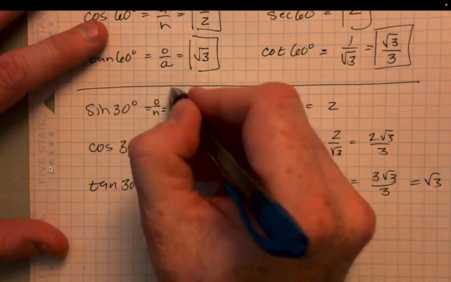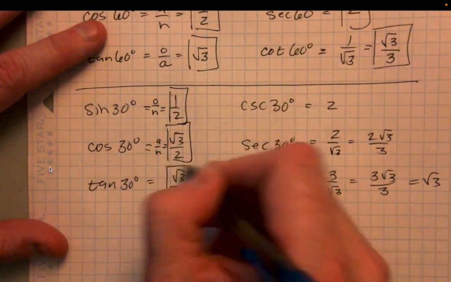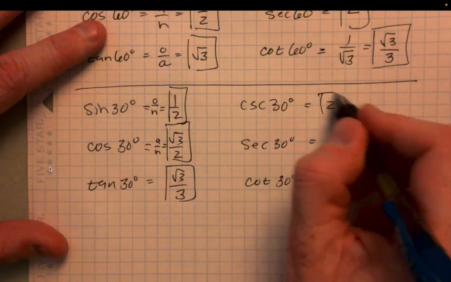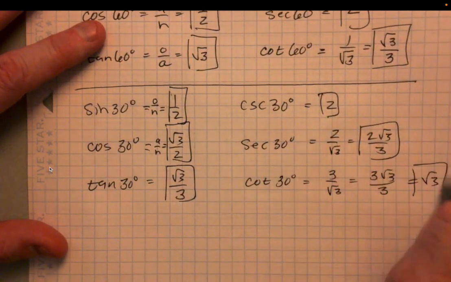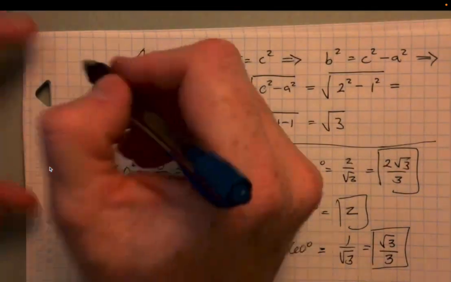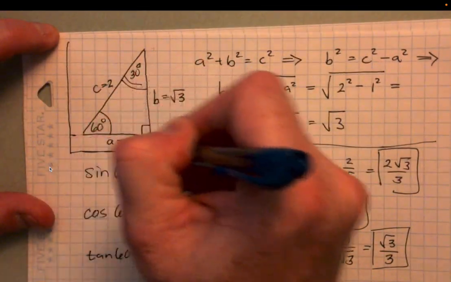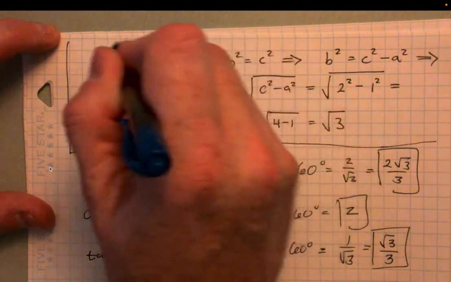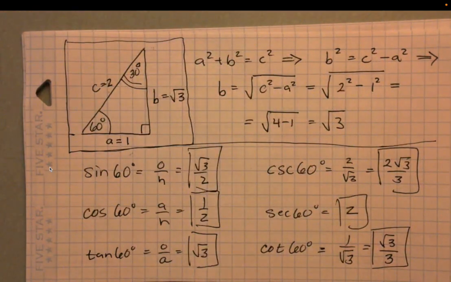Okay, so now you've got the 6 trig functions for theta equals 30 degrees. Now again, both of these just came from this triangle right here, this 30, 60, 90 triangle, right?